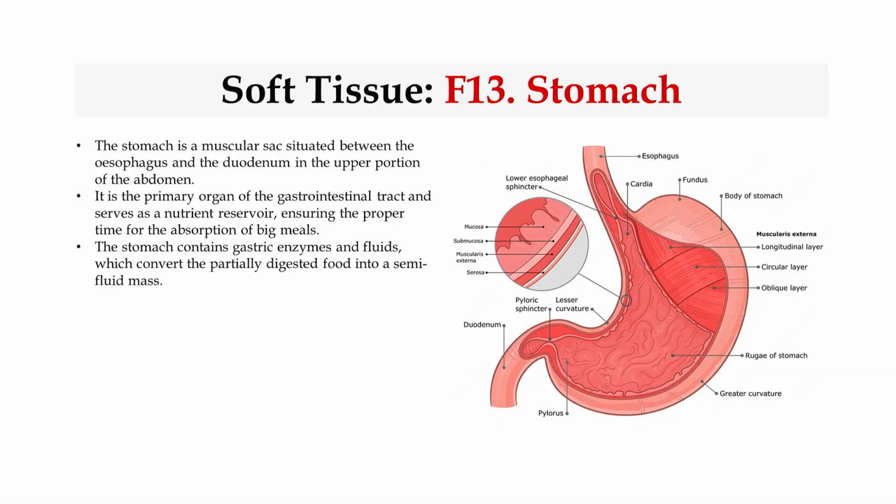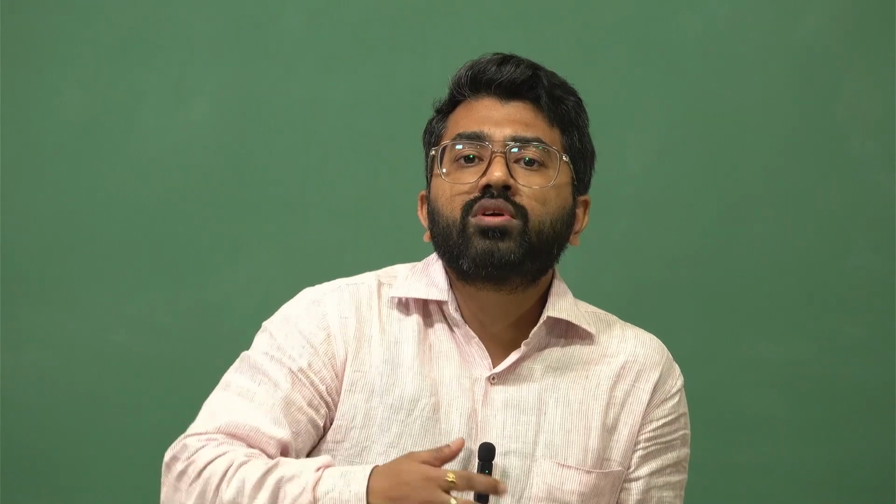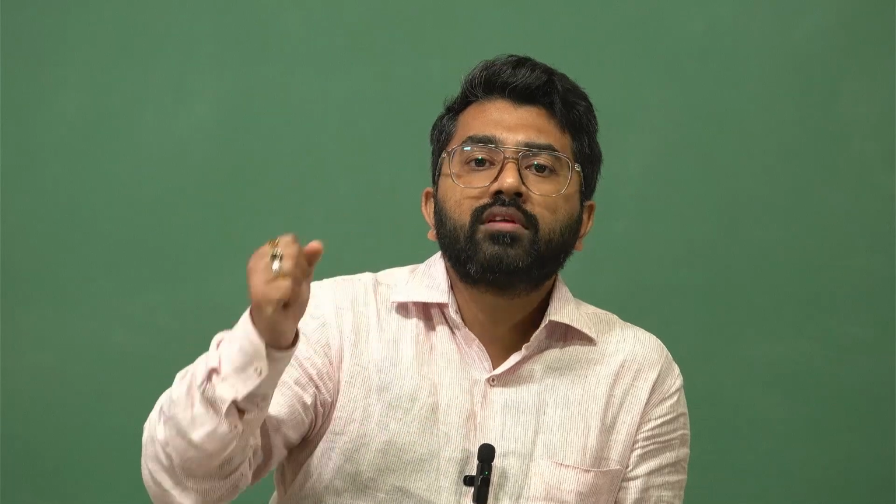And it's in between. It is the primary organ of the gastrointestinal tract, and serves as a nutrient reservoir, ensuring the proper time for the absorption of big meals, right? Whenever you're taking big meals, it has to have proper absorption of the food to make sure all the essential nutrients can be taken out and provided to the body to function rightly.